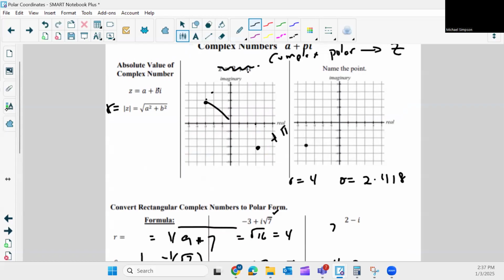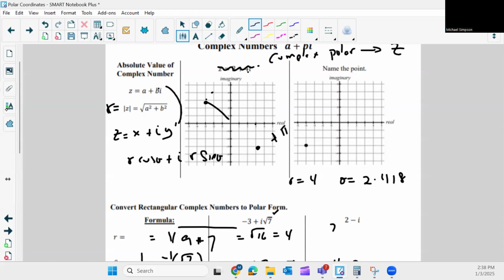Sometimes this is written as z equals x plus i times y, and sometimes it's written as a plus bi.